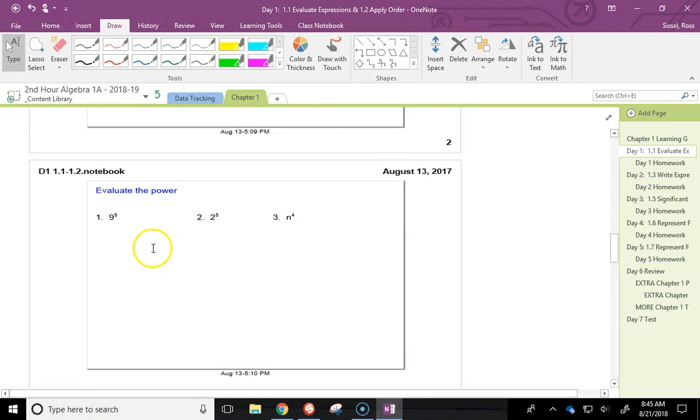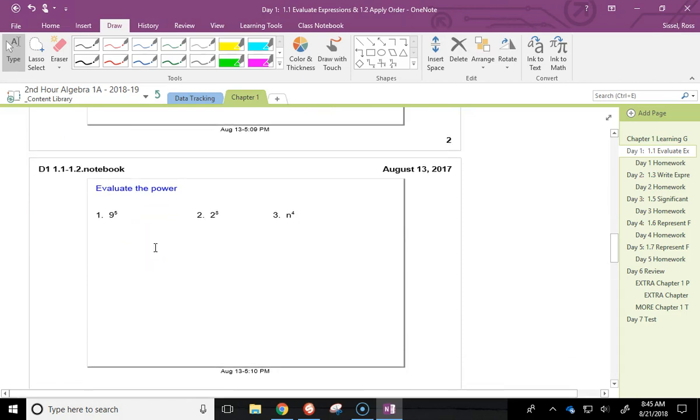So let's evaluate the power. I'm going to do number 1 with you, and then I'm going to see you do the next 2. If we evaluate, so like 9 to the 5th power, that's going to mean, if I break this down, 9 times 9 times 9 times 9 times 9.